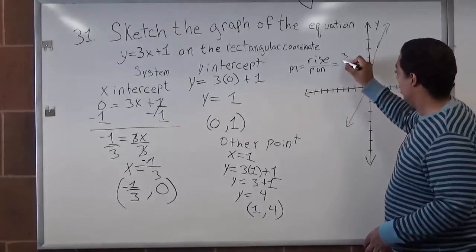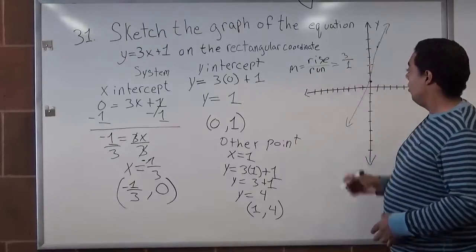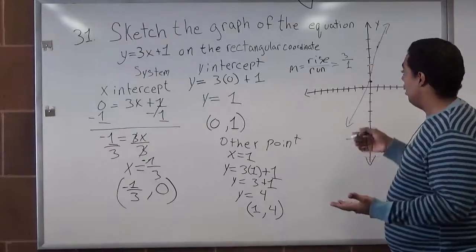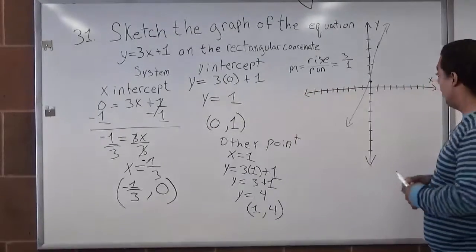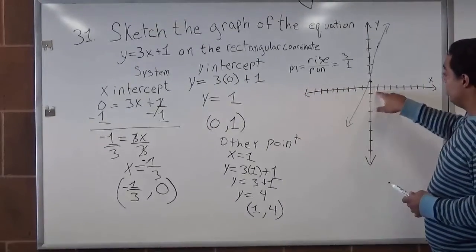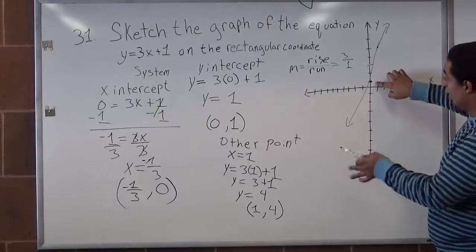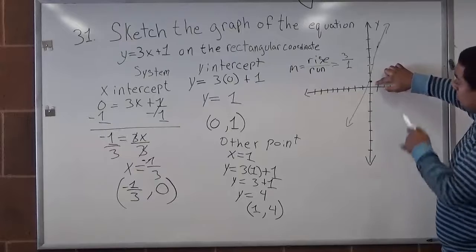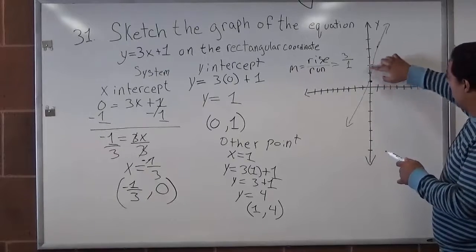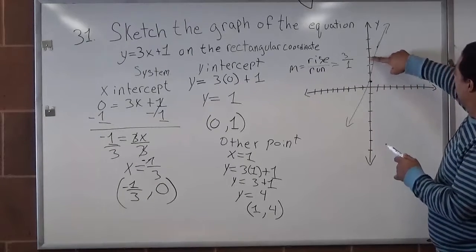It goes up 3, and because you can rewrite it as a fraction, it is 3 over 1. 1 would be our run. So with 1, we can find our y-intercept, which would be 0, 1. And to find another point, you just follow the slope. So you go up 3, 1, 2, 3.